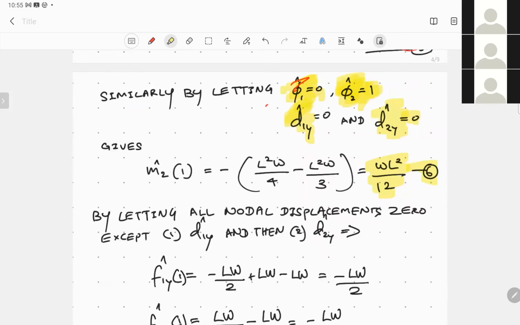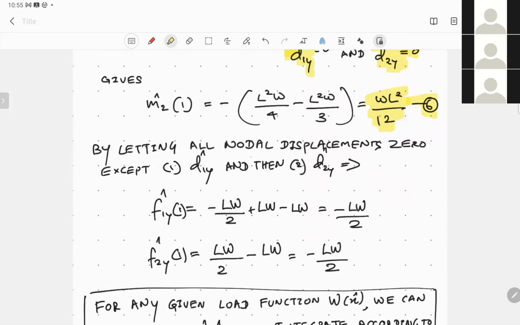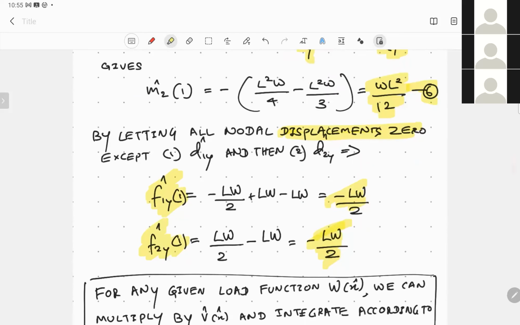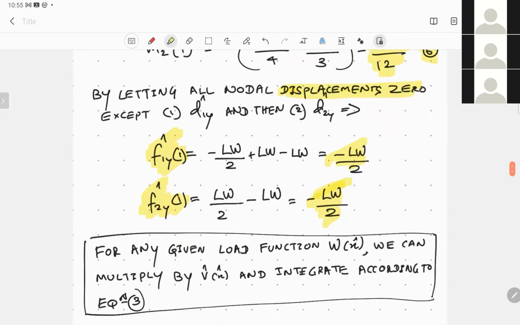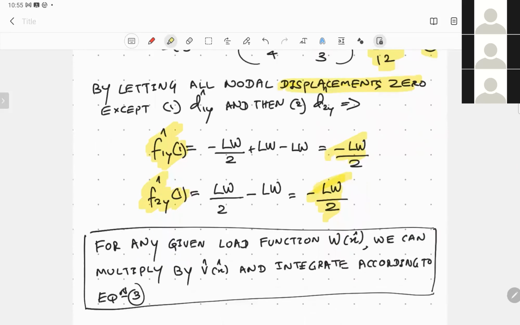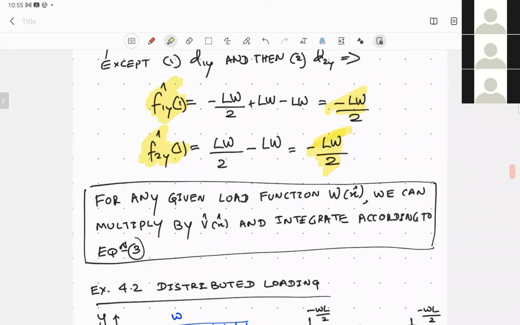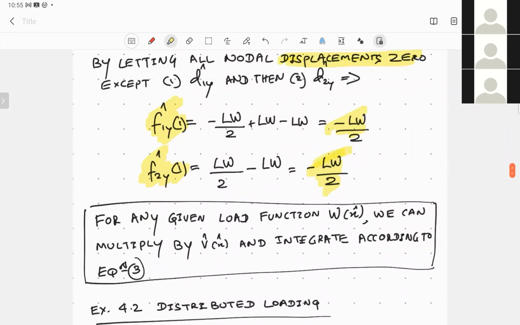So similarly, by taking all the other nodal displacements to become 0, you can find the shear forces acting at node number 1 and node number 2, and you would get answers that comply with the equations you get from the structural analysis theory. I have mentioned a note here.